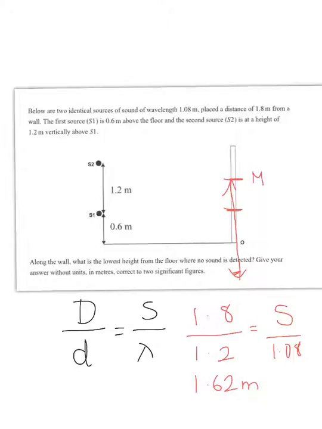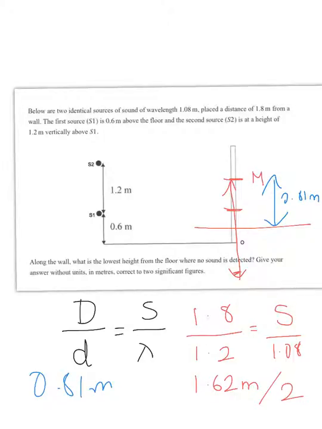But now we need to divide it by 2, because we're not interested in the maxima, we're interested in the minima. So somewhere here. And that should give us, if we divide this by 2, a value of 0.81 meters.